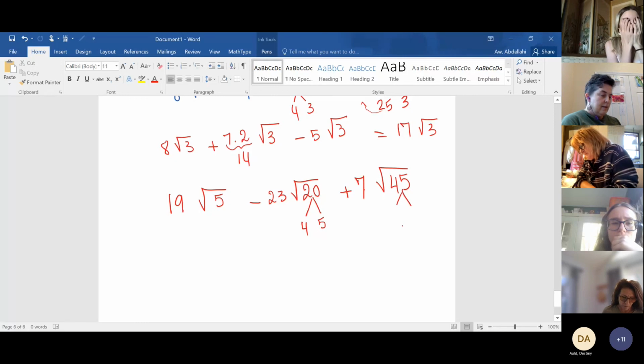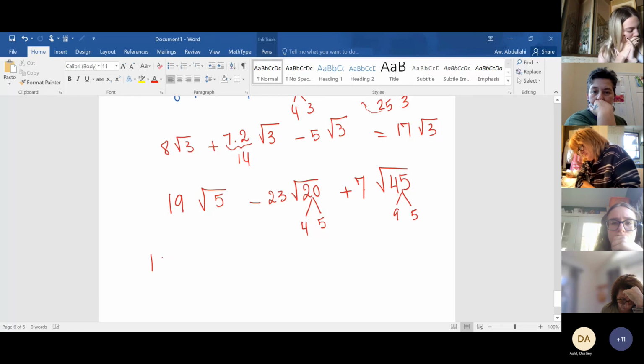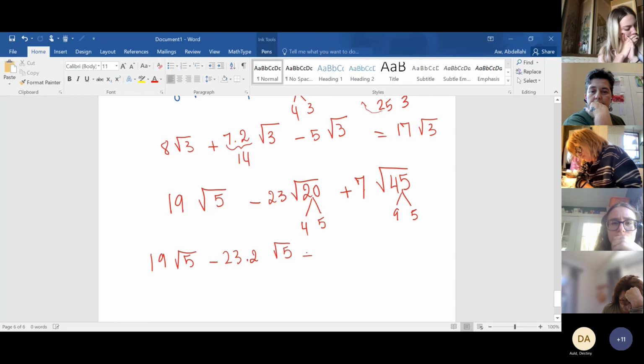And 45 as what? 5 and 9. Exactly. So when this 4 gets out, it becomes what number? A 2. It will be 23 times 2, and then root of 5, right? And when the 9 gets out, it becomes what number? 3, and then root of 5.